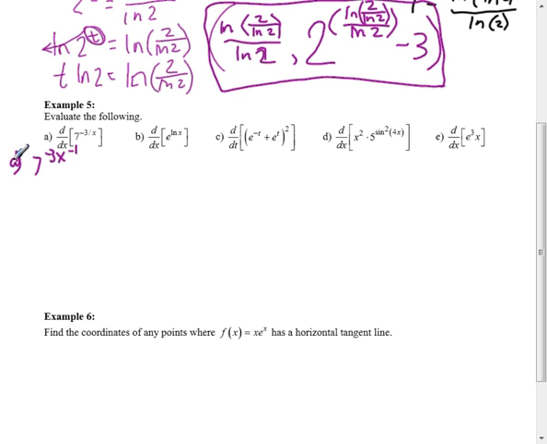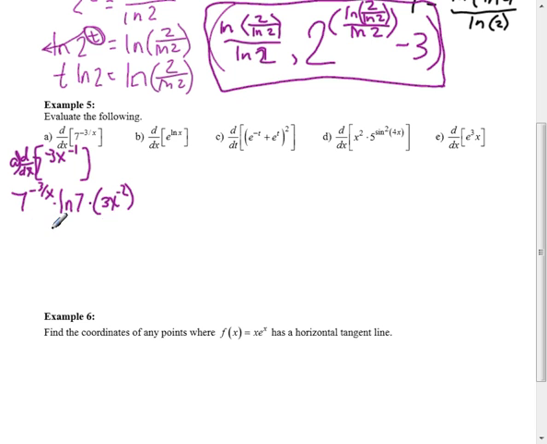Alright, so if I take the derivative of that, to tell you what I'm doing: first, we just write our exponential function. And then we multiply by the ln of the base. And then times the derivative of the exponent, which would be 3x to the negative 2.